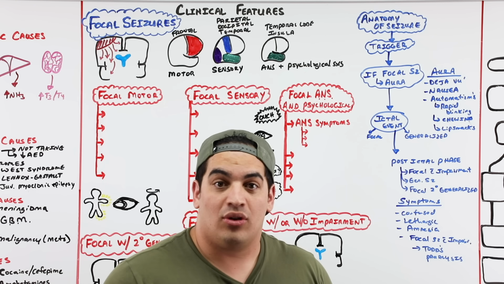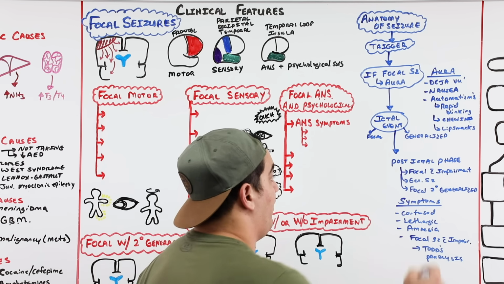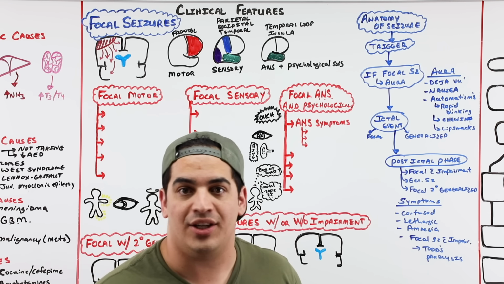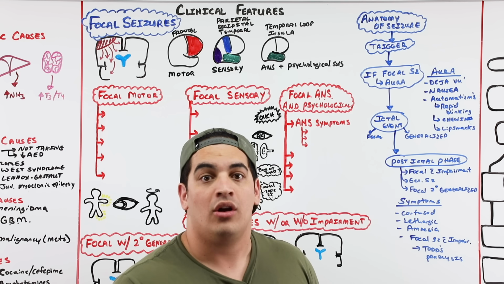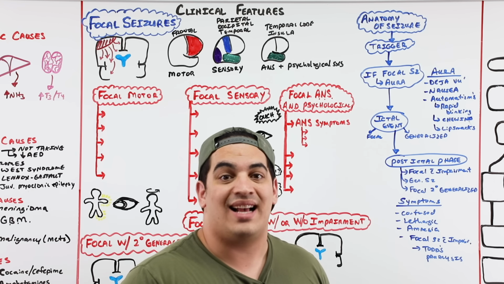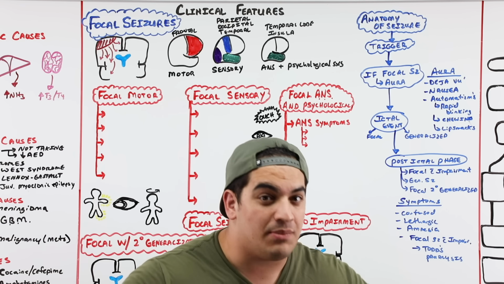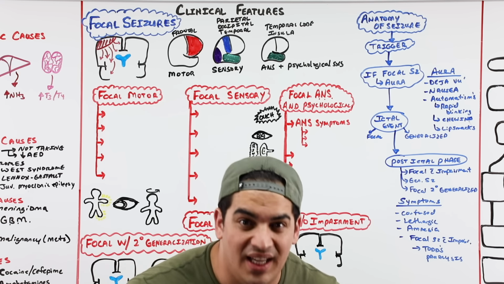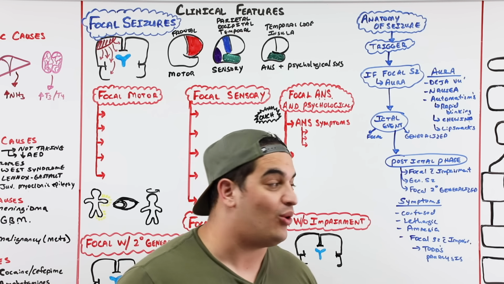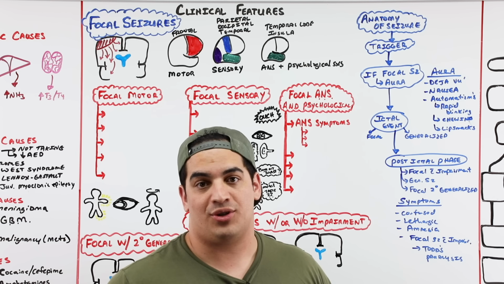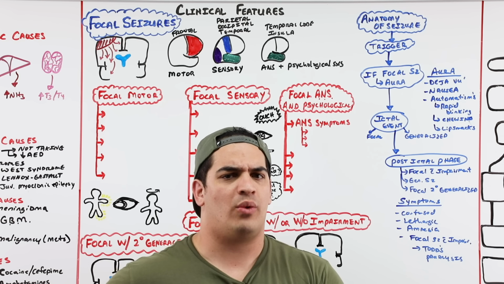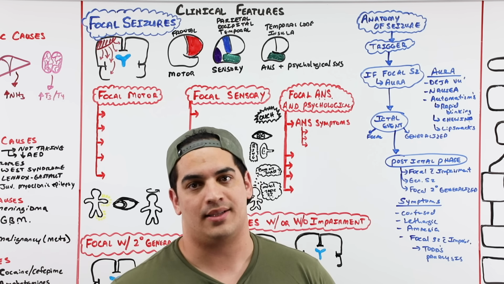Then after the ictal event, you have a post-ictal phase, usually only in seizures that are focal with impairment, focal that secondarily generalizes, or generalized. It's classified by being confused, lethargic, fatigued, having amnesia of what happened, and especially, don't forget for your boards, in focal seizures with impairment, weakness or paralysis on one side of the body that usually goes away over time, called Todd's paralysis.